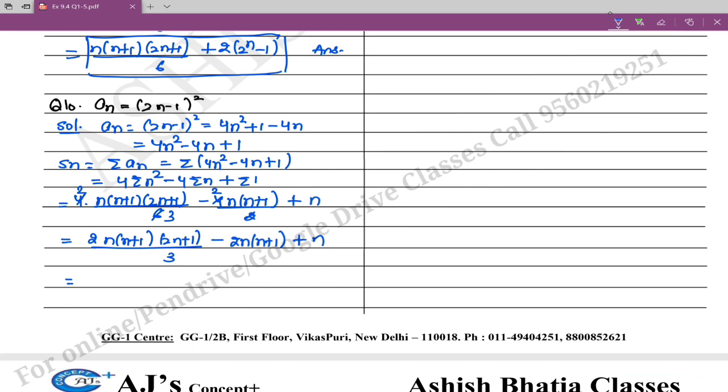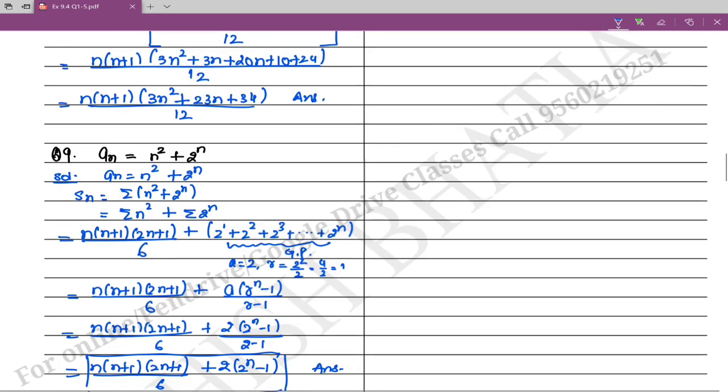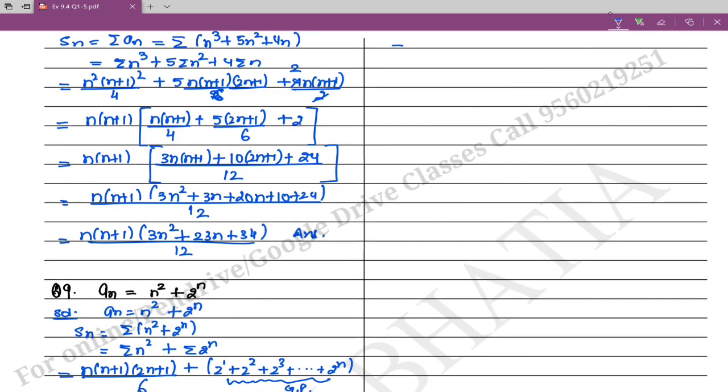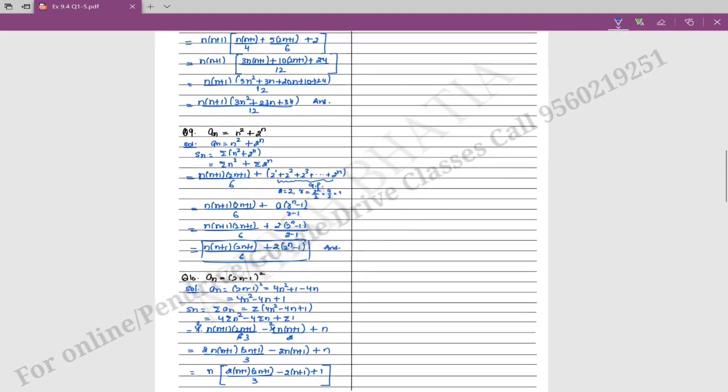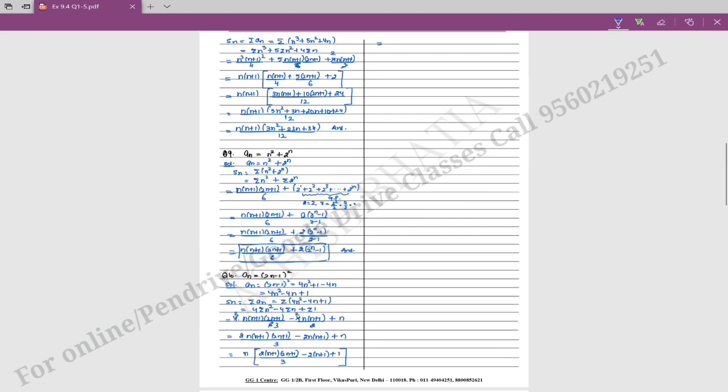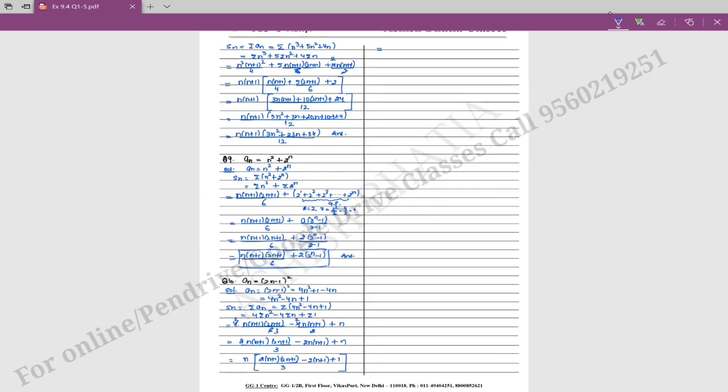Fine. Now I can take n common, so I will be left with twice of n plus 1 into 2n plus 1 by 3 minus twice of n plus 1 plus 1. Now let's reduce it further so that I can see the last term here. The last term is n here.